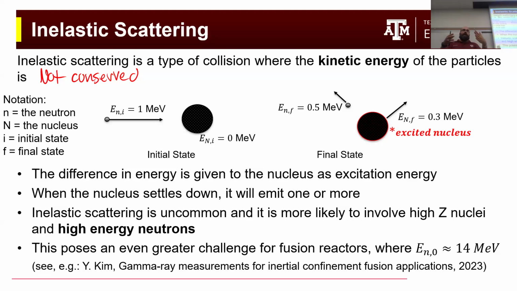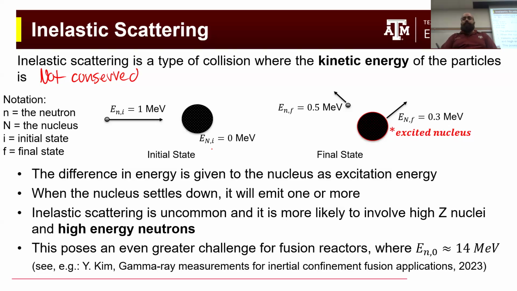Like if you've got a car crash where one car crashes into another car, and in that process, one of the cars gets broken and mangled and deformed, energy has to go into breaking those materials that doesn't end up going into the kinetic energy of the objects.